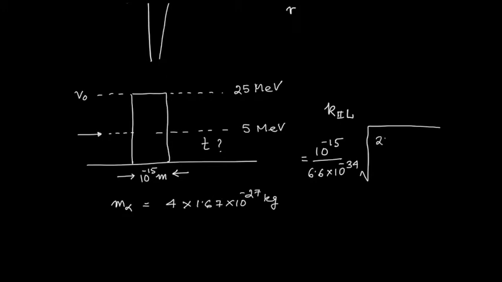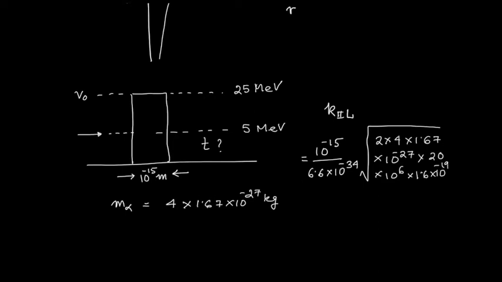I have 2, I have m, which is 4 into 1.67 into 10 to the minus 27, and I have E. Now E minus V0 is 20, but it's in mega electron volt, so I have to convert it into joule, which is first 10 to the 6 to go from mega to electron volt, into 1.6 10 to the minus 19.